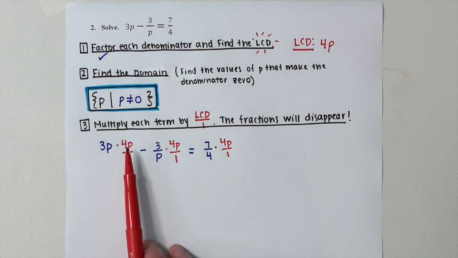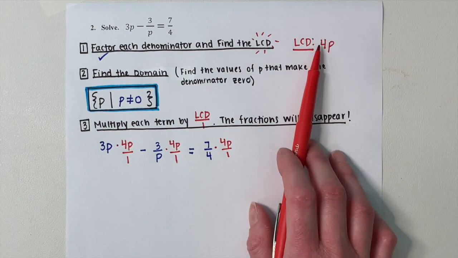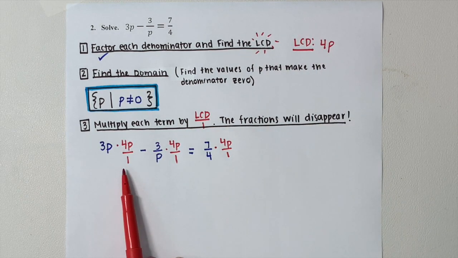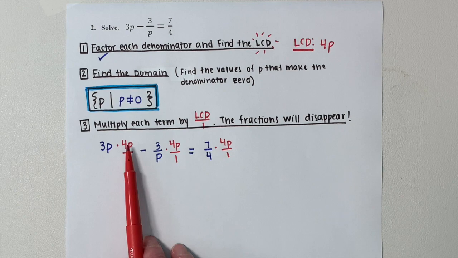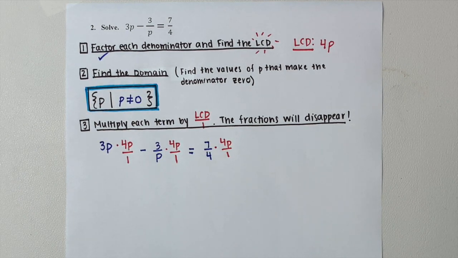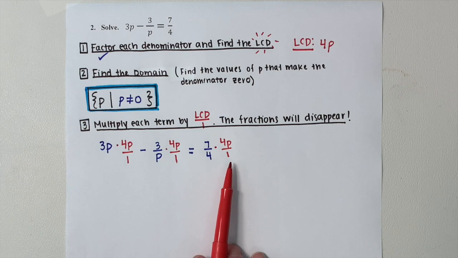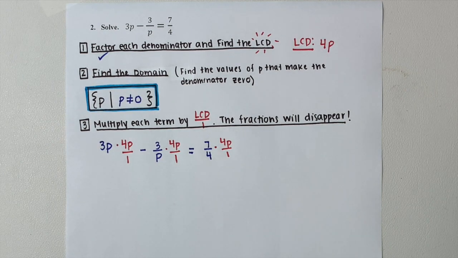If you prefer to write just the LCD, 4p, instead of writing the LCD over 1, you can, but I always like to write it as the LCD over 1 because that makes it a little bit more straightforward when we're doing the canceling. Notice we multiplied this side of the equation by 4p over 1 and this side of the equation by 4p over 1, so we're maintaining equality.